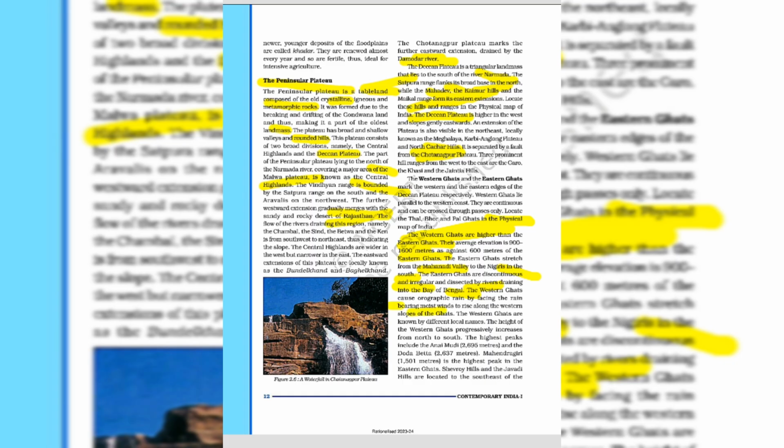Do you know what orographic rain is? Orographic rain refers to the rain which occurs on the windward side of the mountain. Through the image, I want to convey what orographic rainfall is.